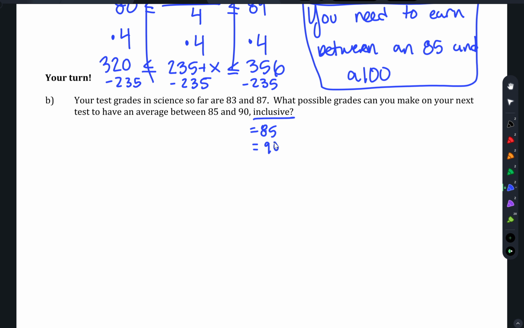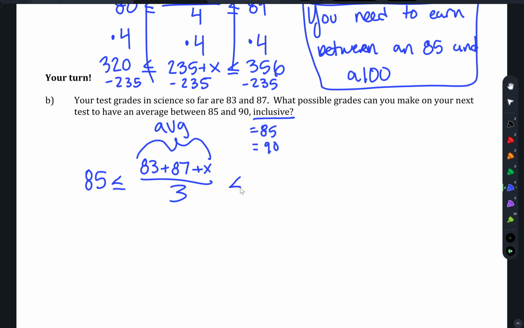You got an example right in front of you. How do we set this up? Autumn. Perfect. Here's my average. It's greater than or equal to 85, but less than or equal to 90.